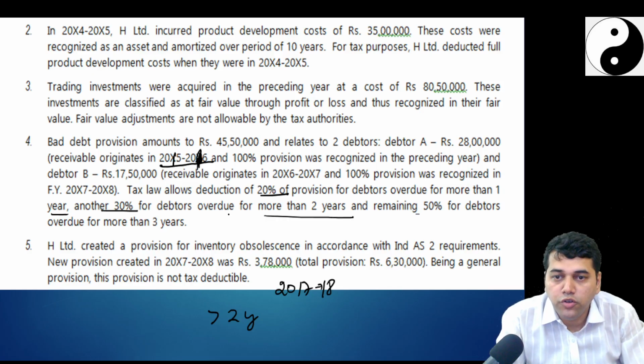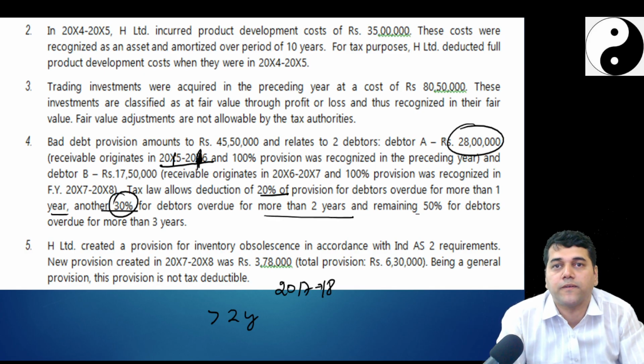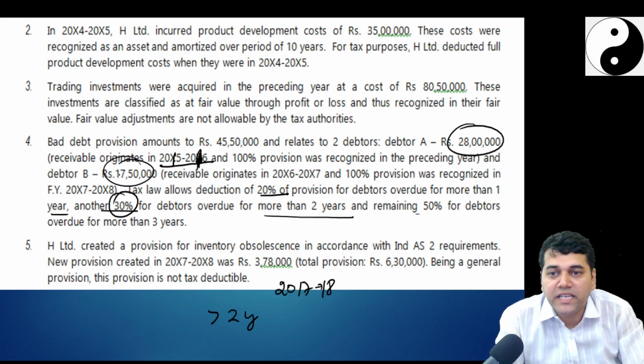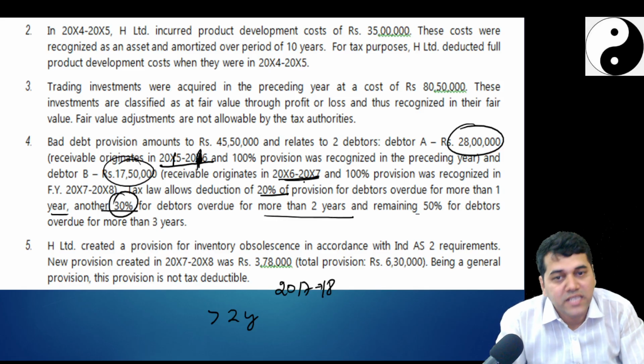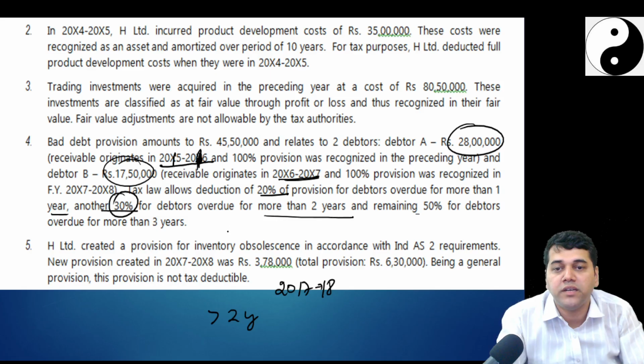If you are overdue for more than 2 years, then 30% on 28 lakhs will be permitted. The other originated in 16-17, so 16-17 is 1 year, 17-18 is 2 years. So you are more than 1 year, less than 2 years. How much is permitted? 20% of 17,50,000 is permitted. Are you clear?